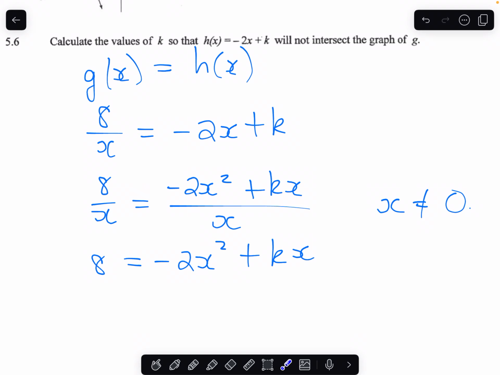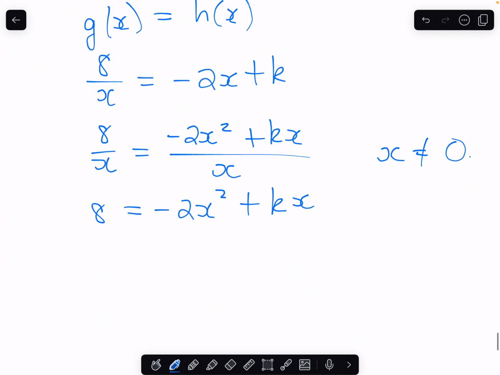So we're looking at nature of roots, which means we're looking at the discriminant, which means first of all we need to get this into the standard form of a quadratic equation. We get that by adding 2x squared on both sides and minusing kx on both sides. So now we're just left with 0 on this side.